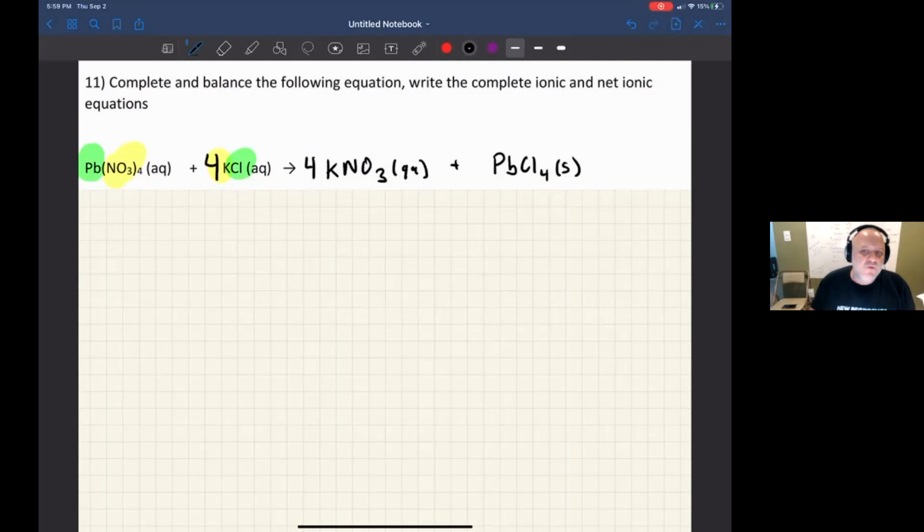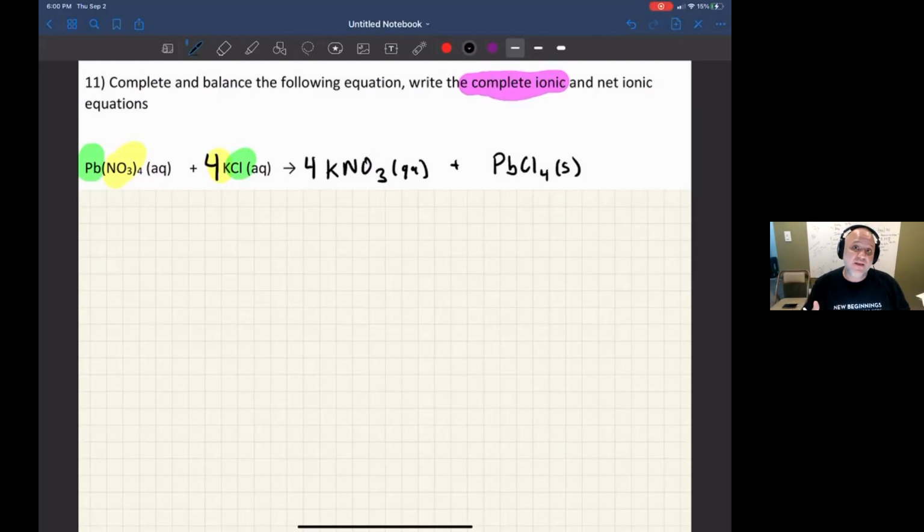So now we want to move on to the complete ionic and net ionic equations. Well, the complete ionic equation is taking all of the different ions and writing them out as they appear in the solution. And remember, when we have an aqueous ionic compound, the individual ions are not together, they're apart.